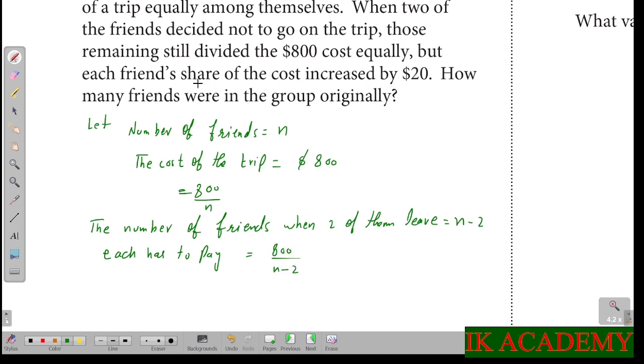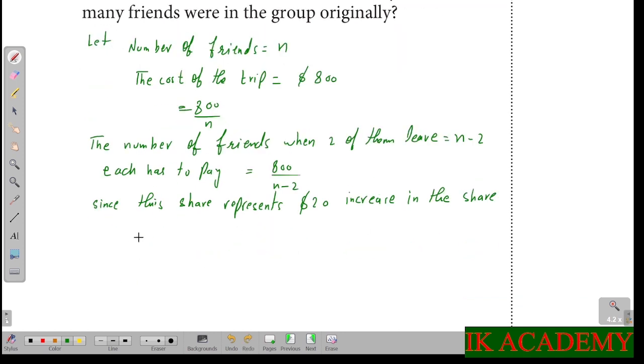It was given that each friend's share of the cost increased by $20. So since this share represents a $20 increase, we add $20 to the original amount when all of them were going.